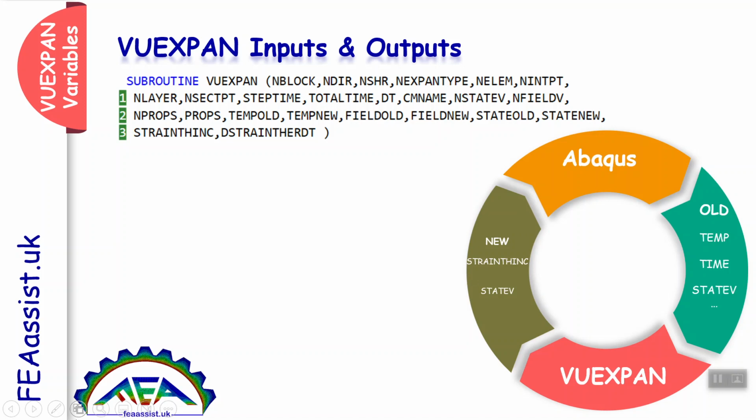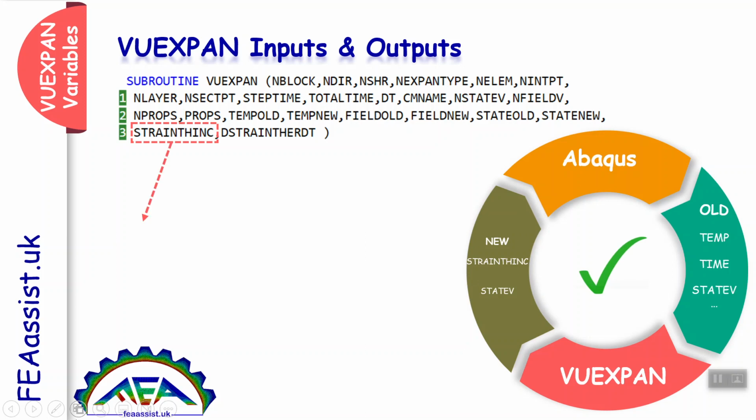Again, Abaqus uses these values to compute the new values for temperature, for time, state variables. This is how Abaqus and VUXpand interact with each other, which is necessary to well understand to write good VUXpand subroutines. For example, I explain one of the variables here.